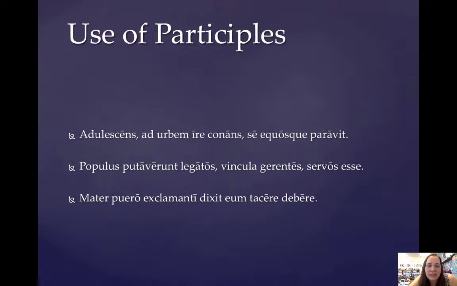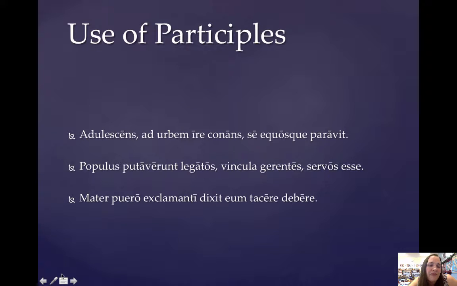So our first sentence, adolescens, ad urbem ire conans, se equusque paravit, okay? So we know that our main sentence is the adolescens, the youth, the young man, prepared himself and the horses, okay?